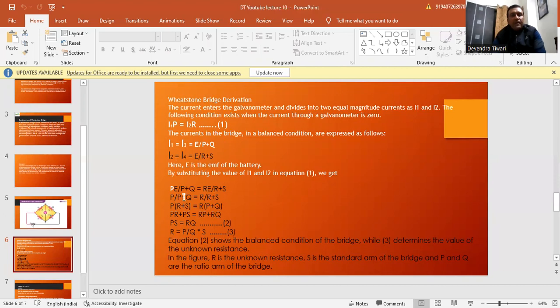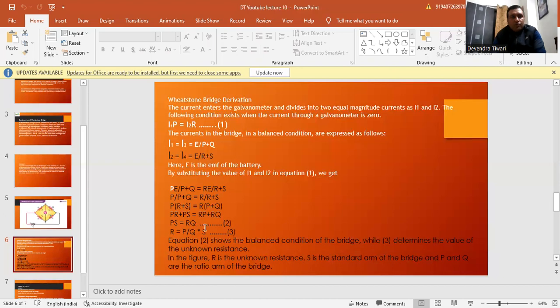Now we will cross multiply it. So P upon P plus Q equals R upon R plus S. And now P times R plus S equals R times P plus Q. By solving the brackets, PR plus PS equals RP plus RQ. Here RP and PR on the left-hand side and right-hand side cancel out. So we have PS equals RQ.